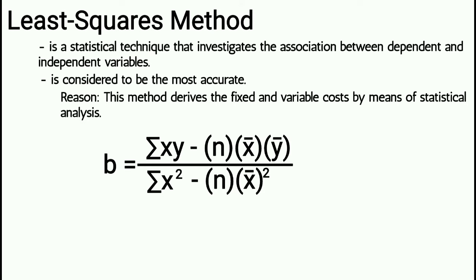As you can see, since this method is statistically based, meron kayong makikitang summation, x bar, y bar, at n or number of observations. In this formula, ang ibig sabihin ng x bar or mean of x, kukunin natin yung average ng x. And of course, yung y bar or mean of y, kukunin naman natin dyan yung average ng y. Yung n naman dito, ang ibig sabihin niyan, number of observations.